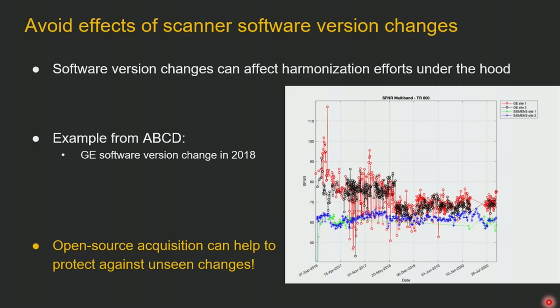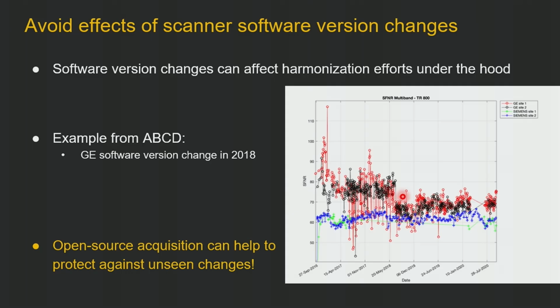All right? So in this example from ABCD, we're collecting a lot of data at a lot of sites. We're getting phantom data over time. We calculate metrics on that, right? So here I'm just plotting the signal fluctuation and noise ratio collected on GE sites here in red and black, and Siemens sites here in green and blue over time. So we start off the study, we get relatively stable values for each vendor.